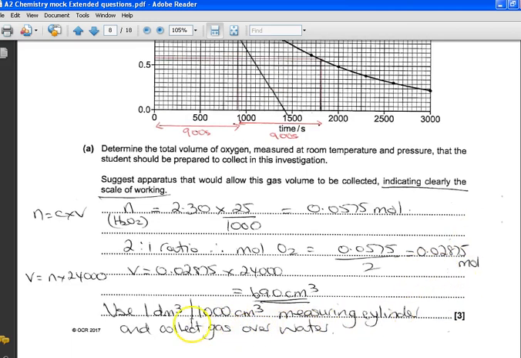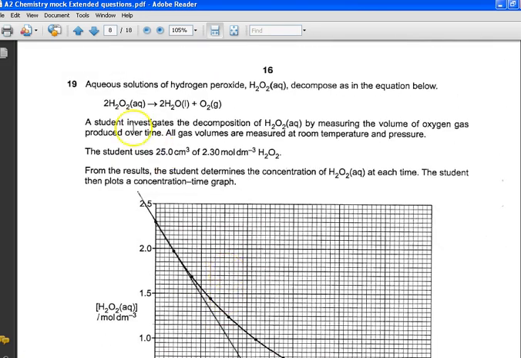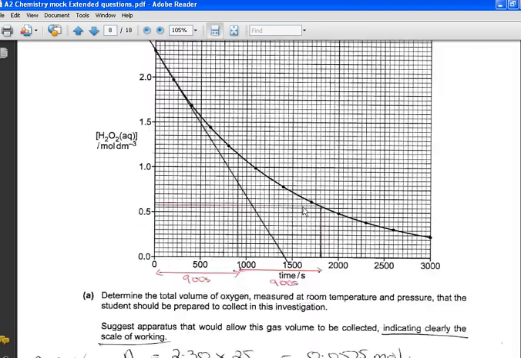And then you're asked to suggest apparatus that you could use, indicating clearly the scale of working, which means that you have to show that you understand that you need to use a measuring cylinder that is bigger than 690 cubic centimetres. So calculation: work out your moles from the data that you're given, then look at the equation up here, a 2:1 ratio, hydrogen peroxide to oxygen.